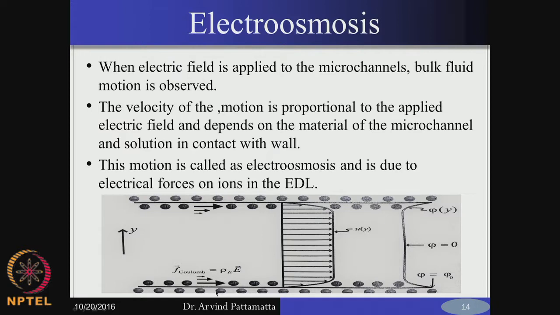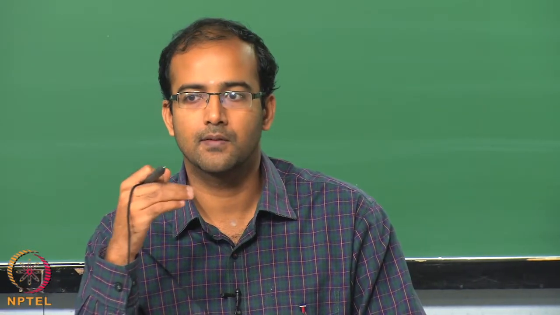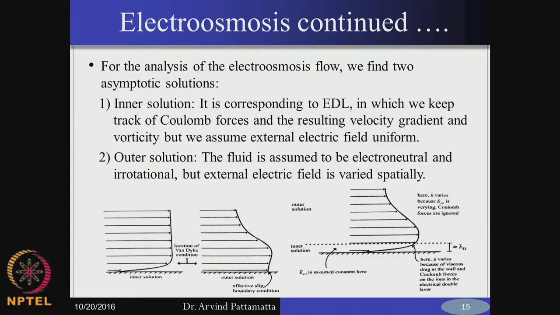Solve for this separately, try to get the velocity field in the diffuse layer, and then you go to the second region, which is the outer region, which is not influenced directly by the electric field, but by applying the velocity as a boundary condition. So, the electroosmosis problem can be divided into two sub problems. One, we have an inner solution, and the inner solution is only for the EDL.